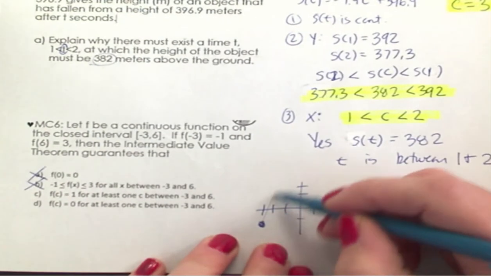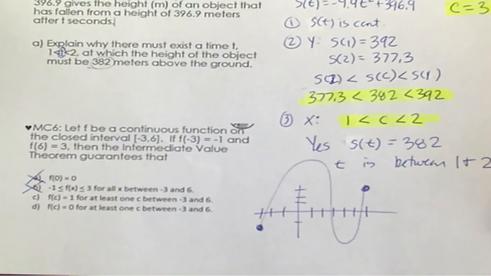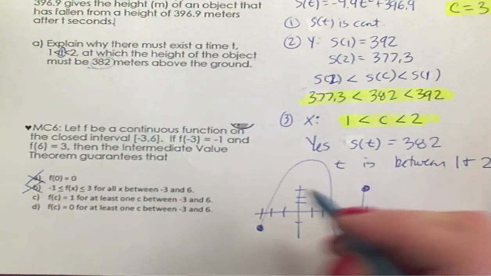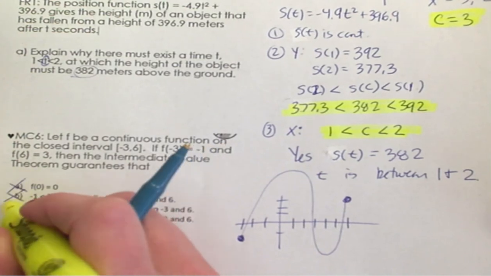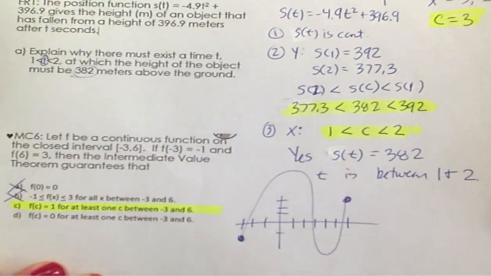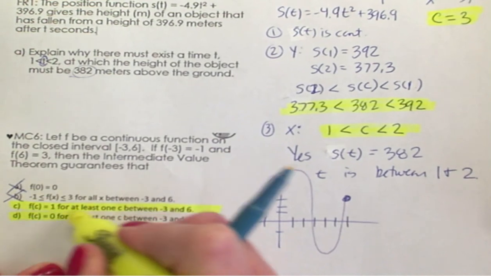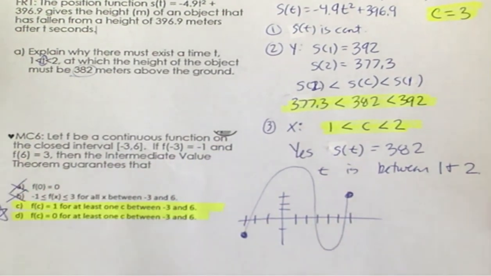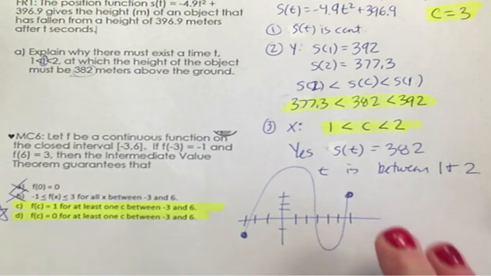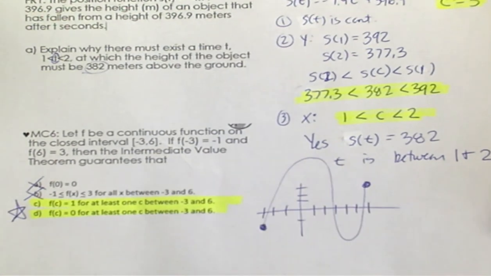The graph can certainly go outside of those values. The only one you can guarantee is this one. f of c will equal 1. That's true. But so is D. There's actually two true answers. Right? Both of those statements are true.